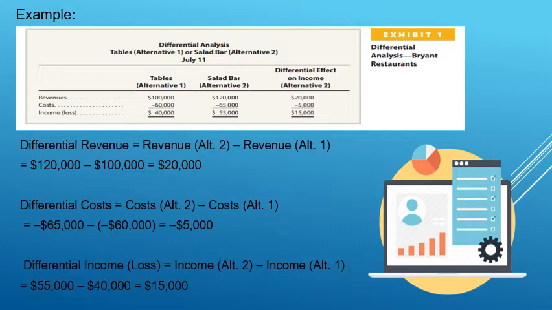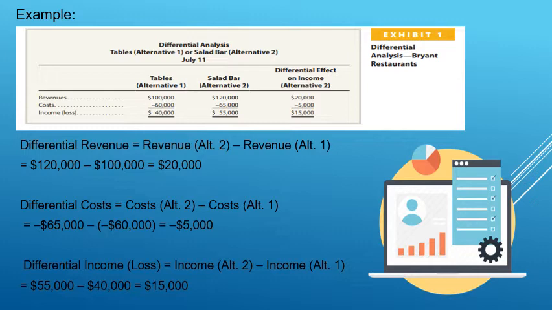The differential revenue of the salad bar over tables is $20,000. How did we come up with that? We have the formula below and it will be discussed later on. Because the increased revenue would increase income, it is entered as a positive $20,000 in the differential effect on income column.